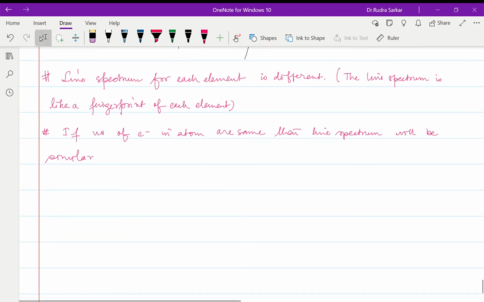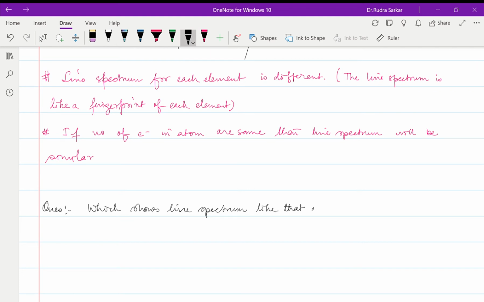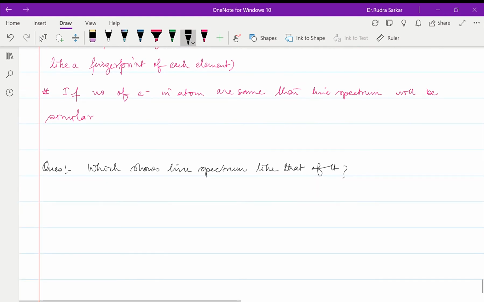For example, if I ask you a question, look here. Which shows line spectrum like that of H? The options are: 1 is He, 2 is Li plus, 3 is H plus, 4 is Be3 plus. I have said if the number of electrons are the same, then the line spectrum will be the same or similar.